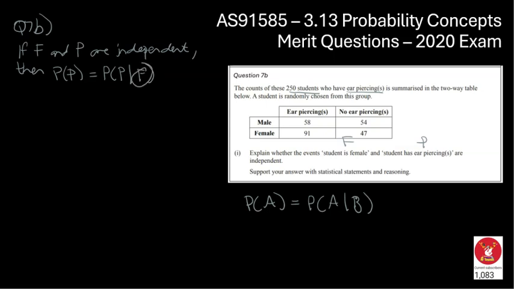The fact that they're female shouldn't have done anything, because the question is trying to tell you that it shouldn't impact it, as they're independent of each other. So let's go ahead and calculate these probabilities.